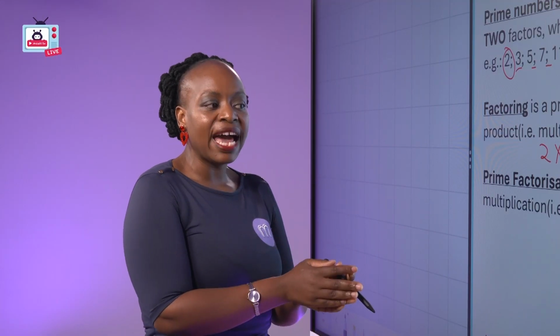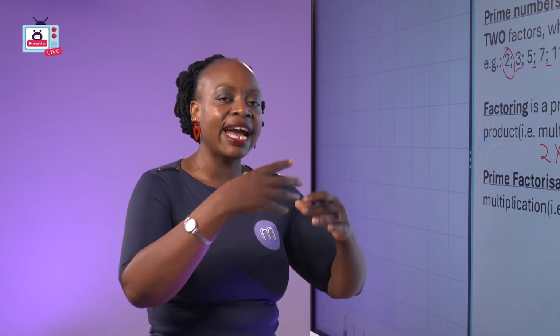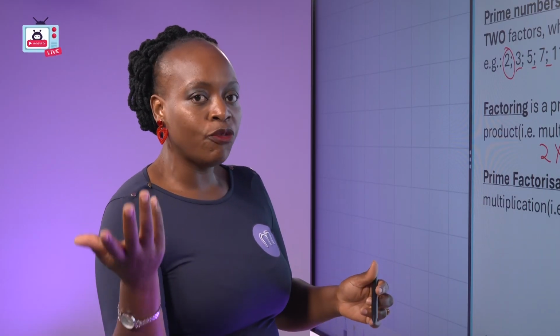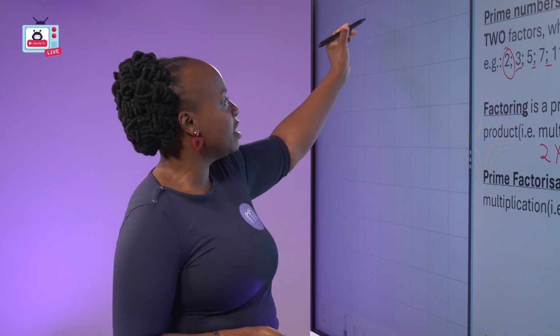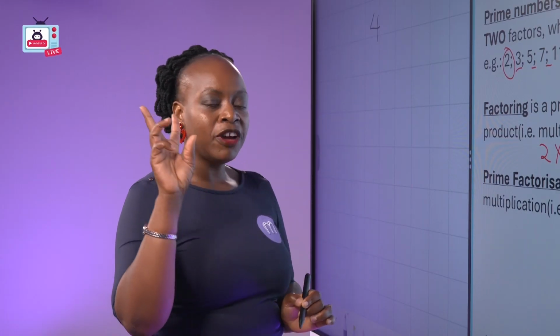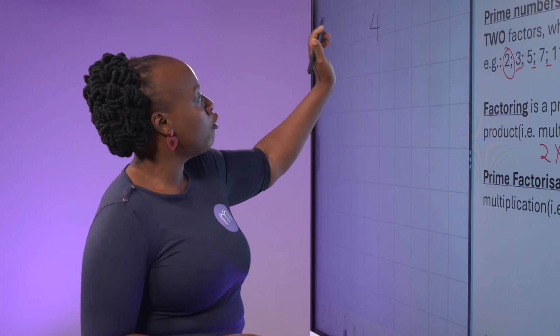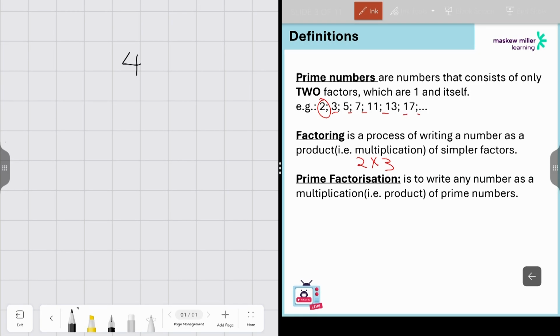Then prime factorization is when you write a number as a product of prime numbers. So for example, if you're told to find the prime factorization of 4, it is going to come up this way. You say 4 divided by a prime factor, and you start with the first one, which is 2. So 4 divided by 2 gives you 2.